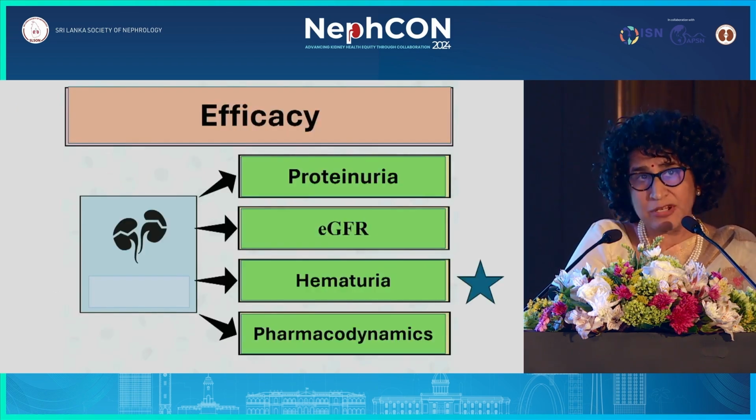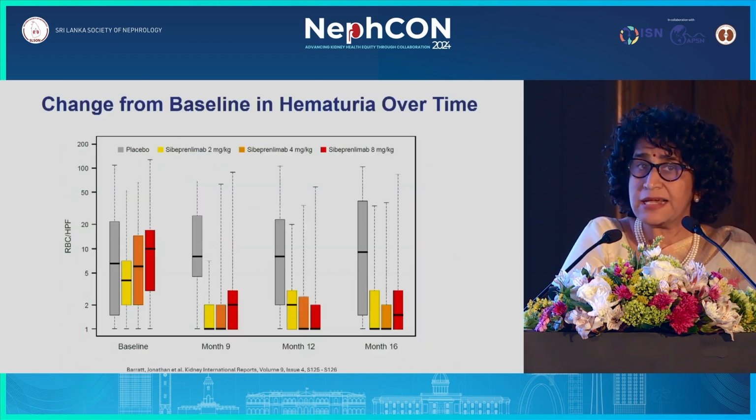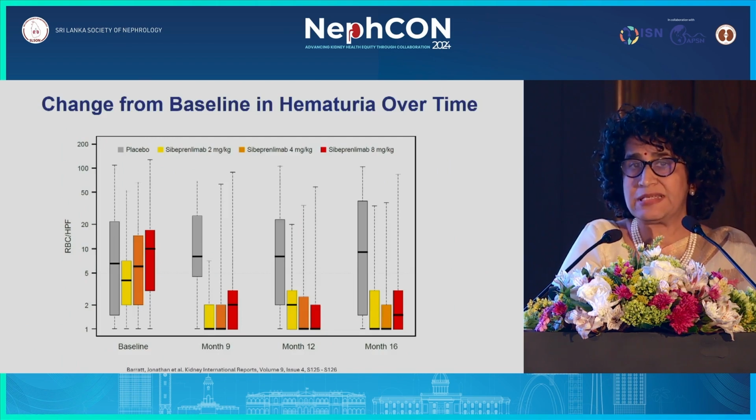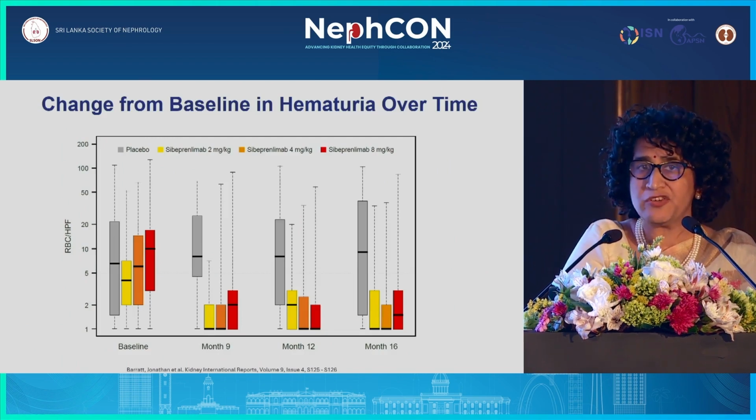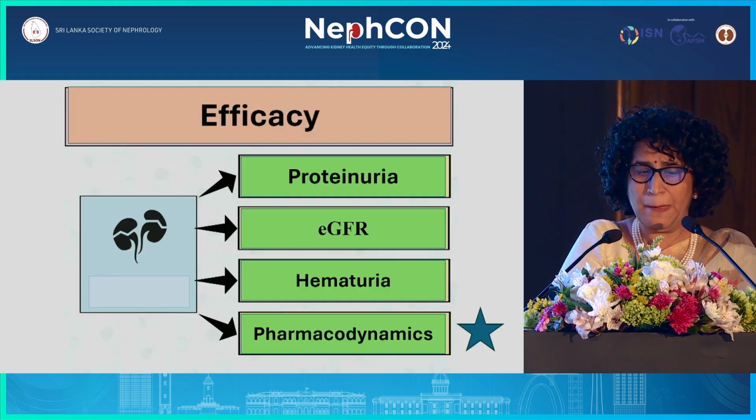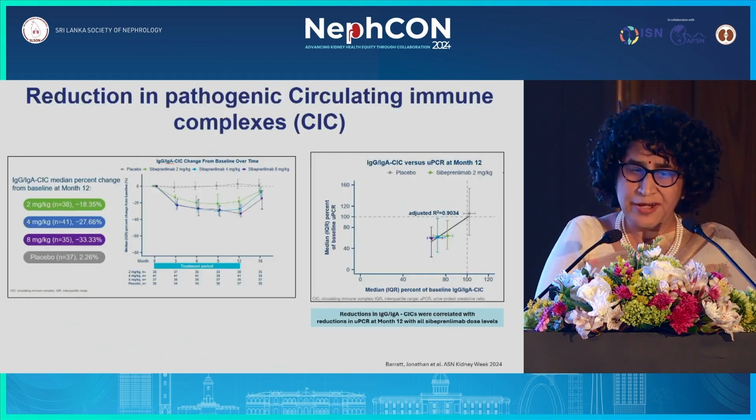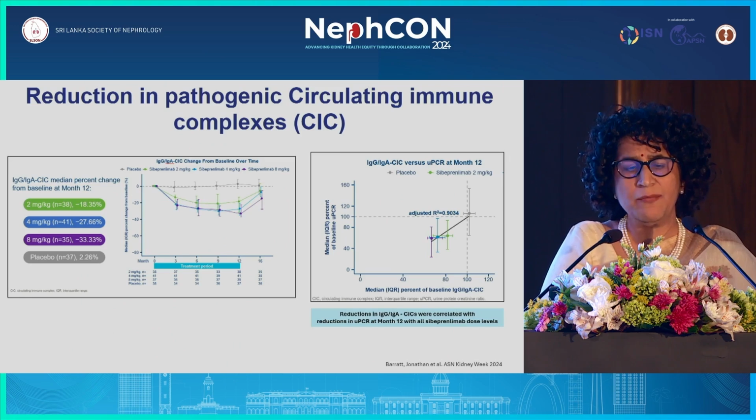We also know that hematuria is also one of the outcome markers, and there was a significant change from baseline in the patients receiving Sibeprenlimab as compared to the placebo. What about pharmacodynamics assessment? Was there a reduction in pathogenic circulatory immune complexes?